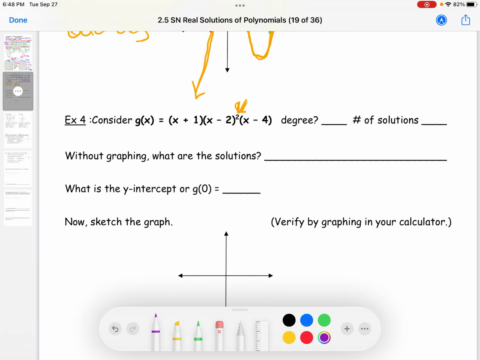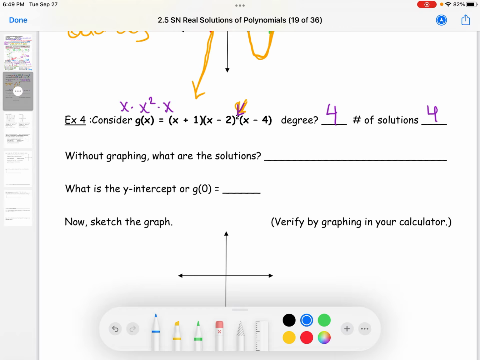There's still what looks like 3 powers of x being multiplied, but this is actually a power of x. The second parentheses is actually a power of x squared. And then that third parentheses is just an x. So this is a 4th degree, and there's going to be 4 solutions total.